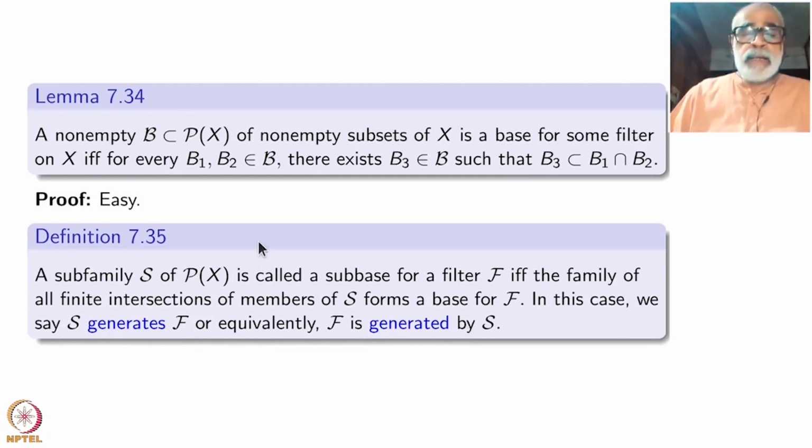Sir, this condition that the family of all finite intersections forms a base, does this automatically imply that the empty set cannot be in S? The empty set will not be there, because if the empty set is there, then it will be there in the base also.